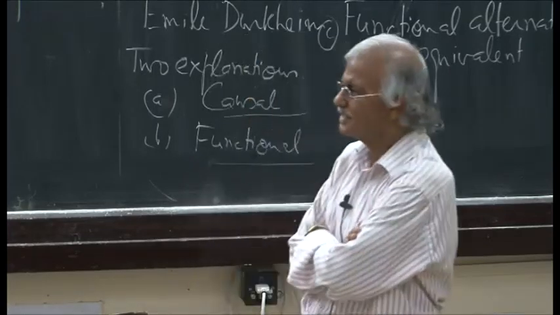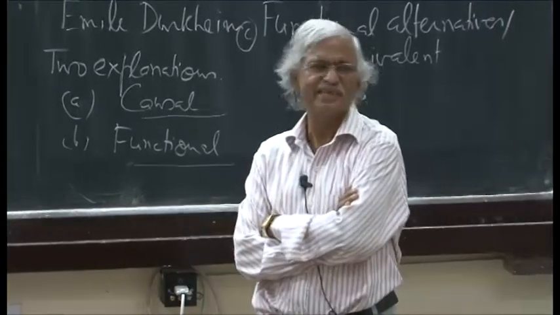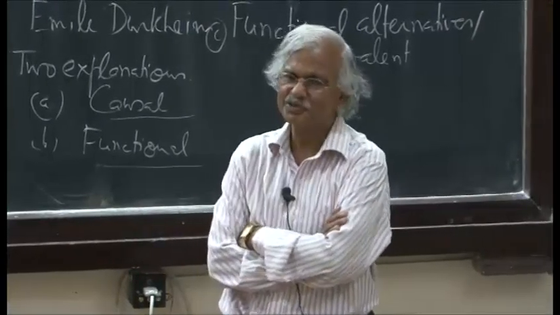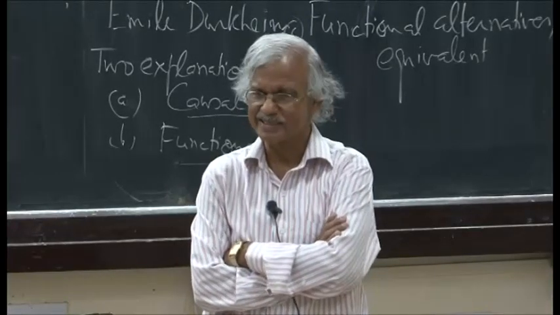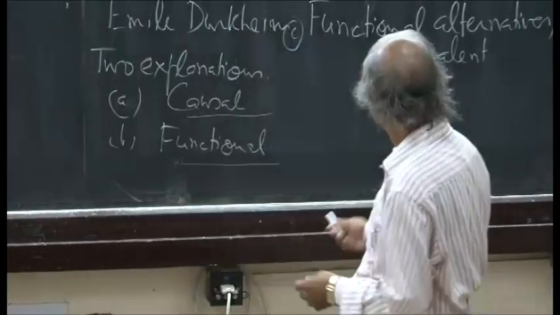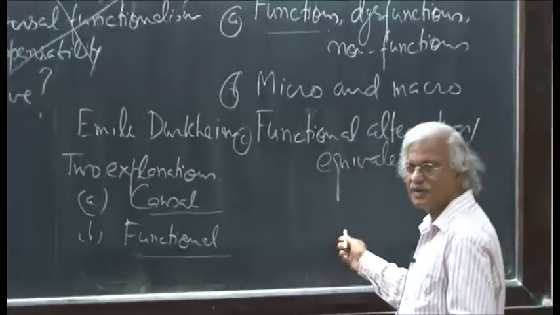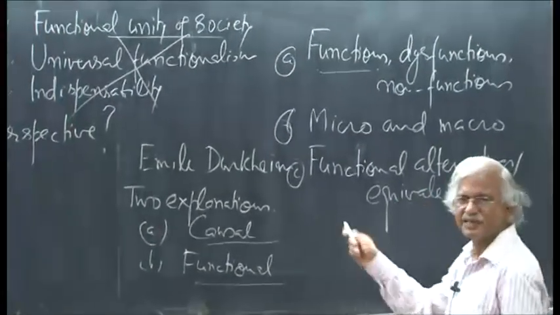Now, Merton will say that functionalists need not assume that just because social stratification exists everywhere, it is good and it must exist. You can think of other institutions or other ways of allocating roles.